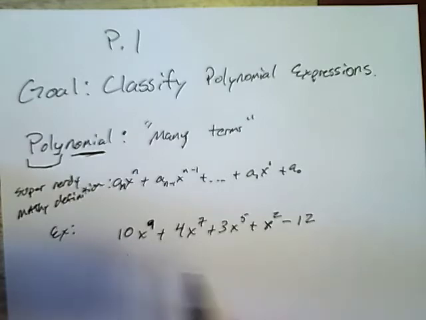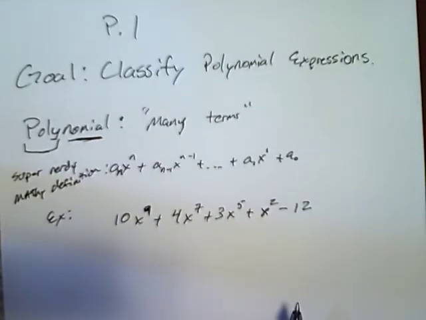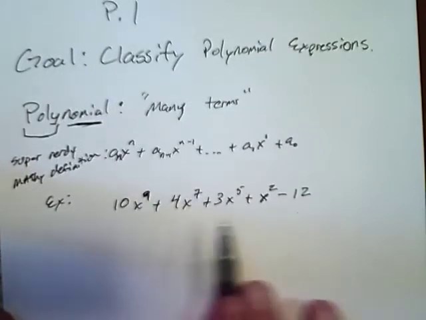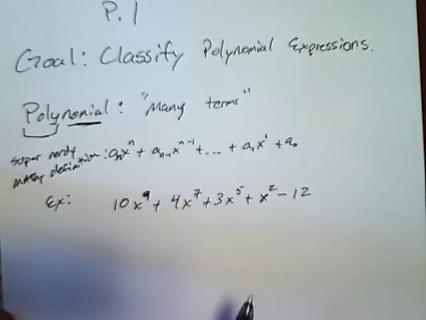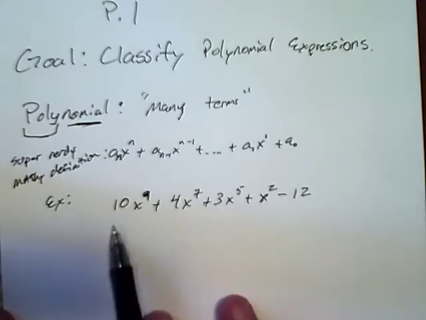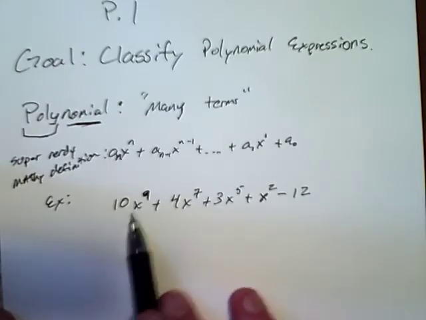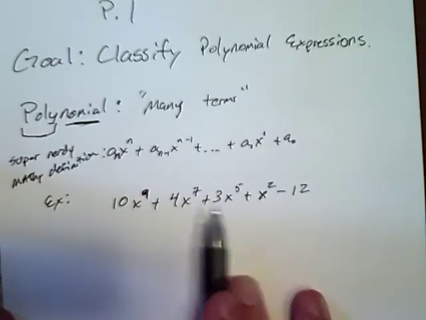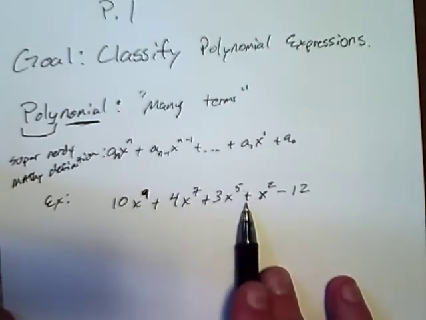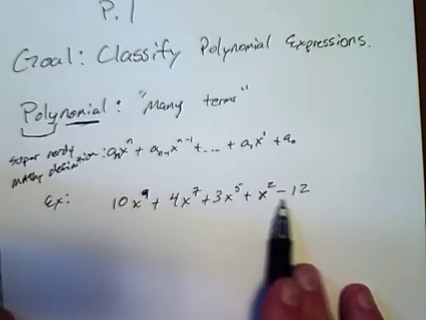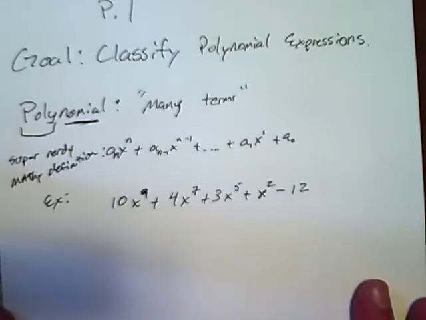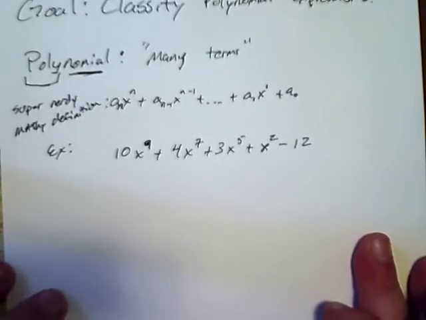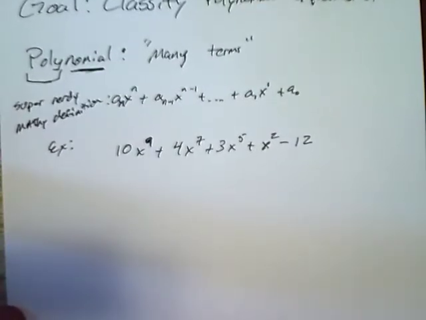This polynomial is made up of a whole bunch of different things. We're going to use this example to reference all of the different parts. So I'm going to read it out loud. Here we have 10x to the 9th plus 4x to the 7th plus 3x to the 5th plus x squared minus 12. Okay, now that we have that written down, let's talk about the different parts.